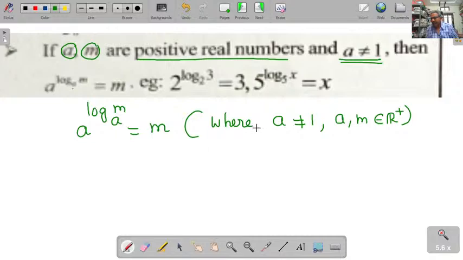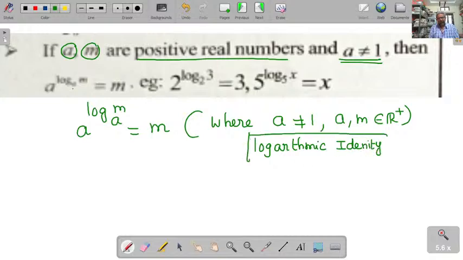This is actually called the logarithmic identity.